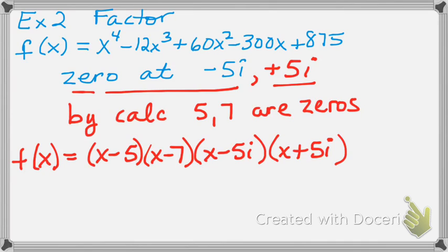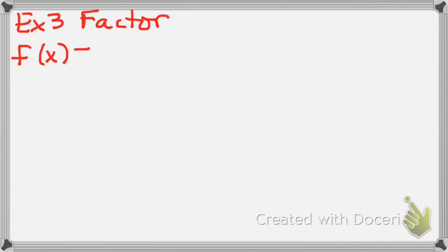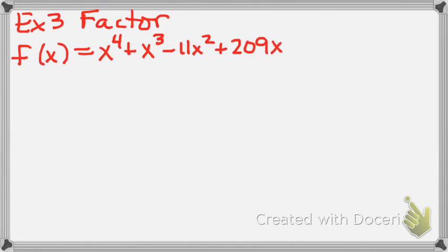All right, so third example. Example 3. Instructions are the same. We want to factor. And my function is f of x is equal to x to the fourth plus x to the third minus 11x squared plus 209x plus 820.